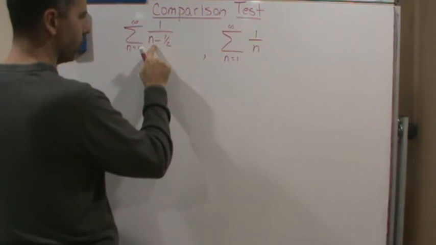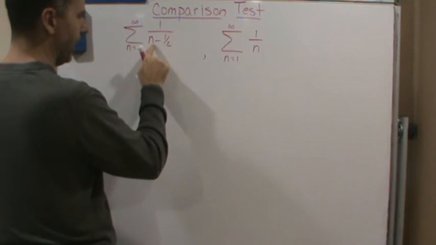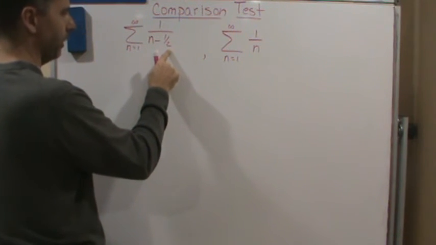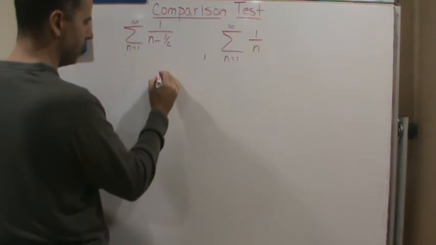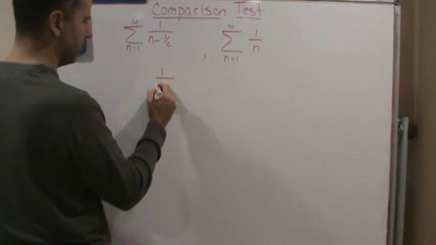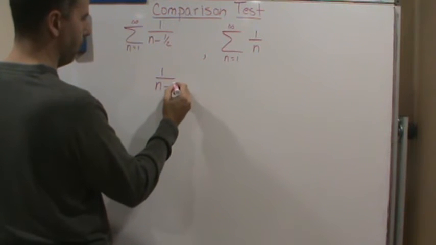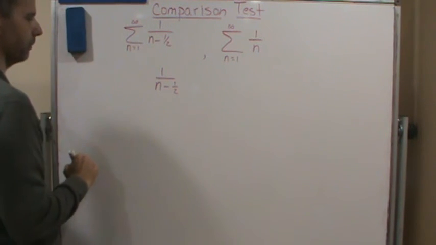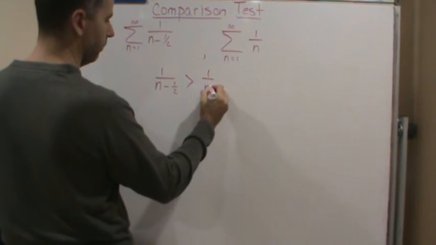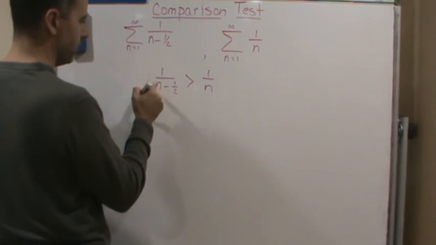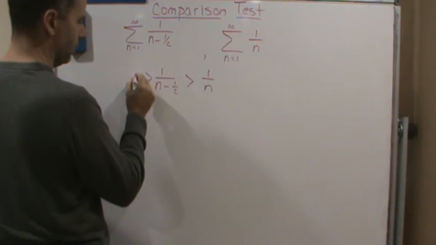This term here is 1 over n minus 1/2, so this is going to be bigger than 1 over n.